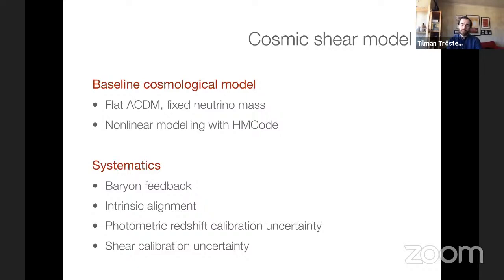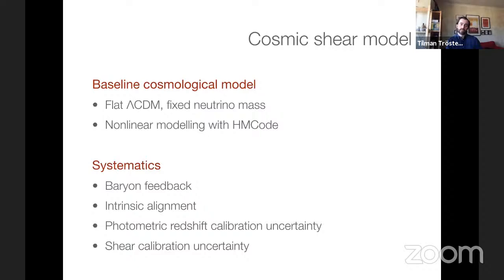Then we also model intrinsic alignment. It's quite a simple model, but I think for cosmic shear, it's still sufficient in this case. We marginalize over uncertainty in our photometric redshift calibration, and we include uncertainty in our shear calibration directly into the covariance.